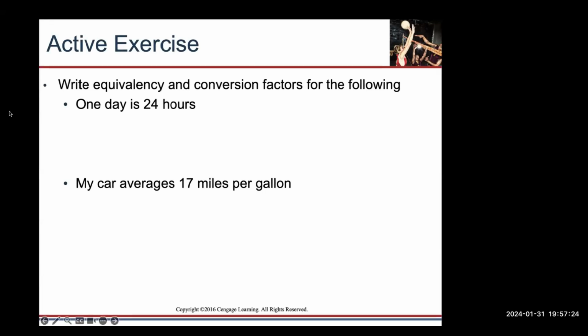Okay, so for the first one, 1 day over 24 hours, or we could have 24 hours over 1 day.